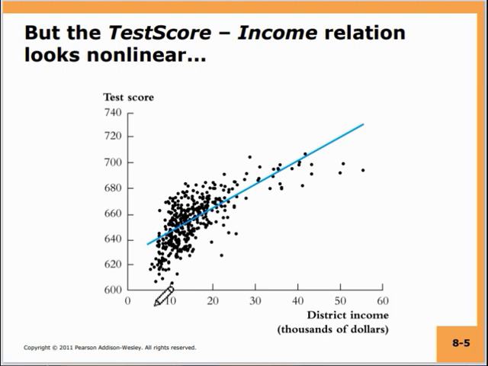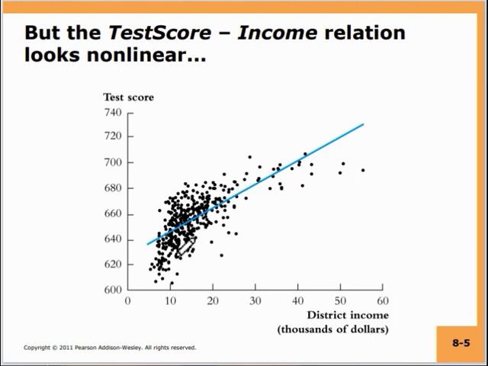Now what we see is that the cloud of points cannot really be approximated well by a line. If you draw a line through this cloud of points, the blue line is overestimating the test score for those schools which are in low income districts, and the line actually underestimates the test scores of districts which have high levels of income.